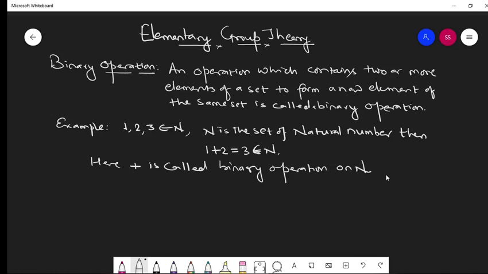Similarly, we can try it for the multiplication operation. Plus is a binary operation, and sometimes product or multiplication can also be a binary operation.